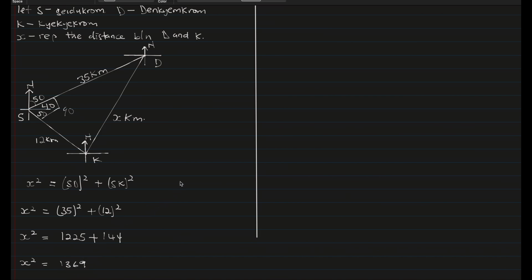Taking the positive square root on both sides, we have the square root of X squared is equal to the square root of 1369. All right. So this square removes the root. So you have X is equal to 37 kilometers. So that is the distance between Denchemkurum and Chichikurum.